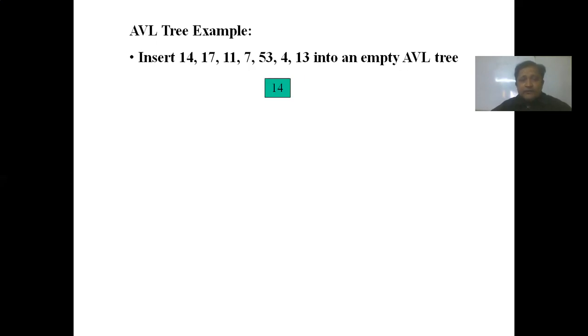17 is higher in value than 14, so it should be inserted as the right child of 14. 11 is lower than 14, so it should be inserted as the left child of 14.